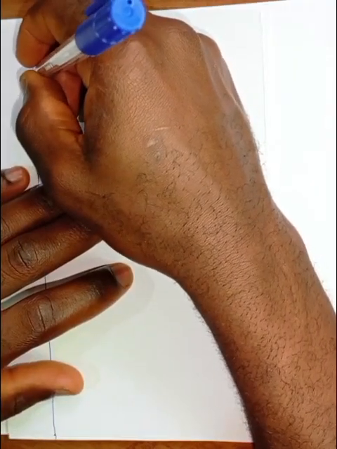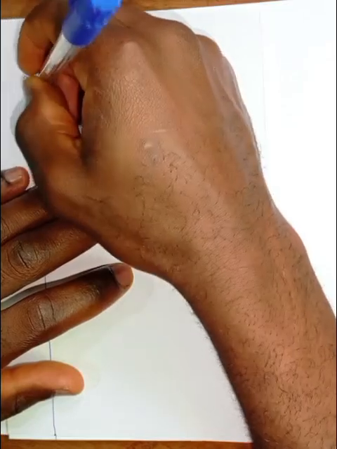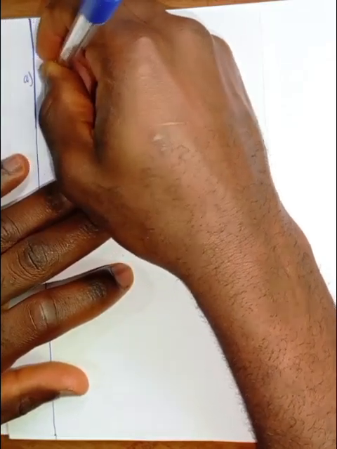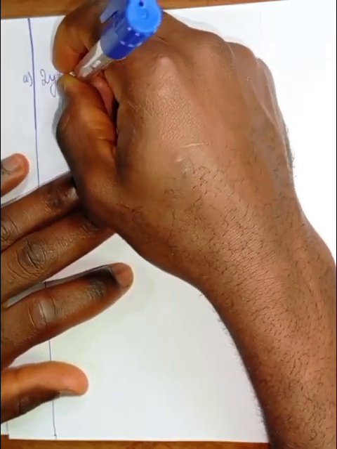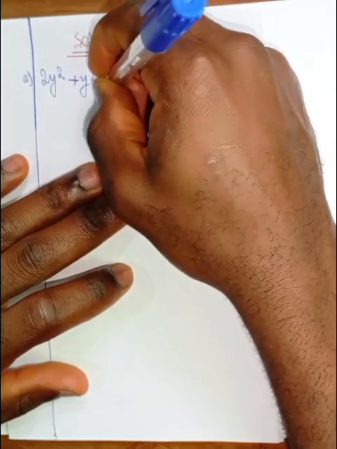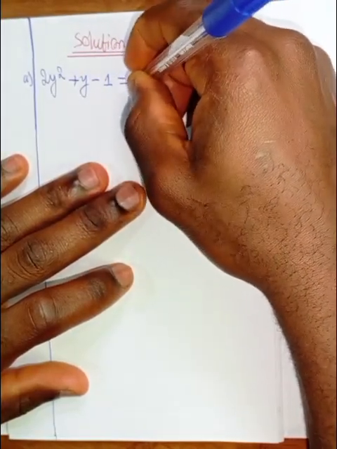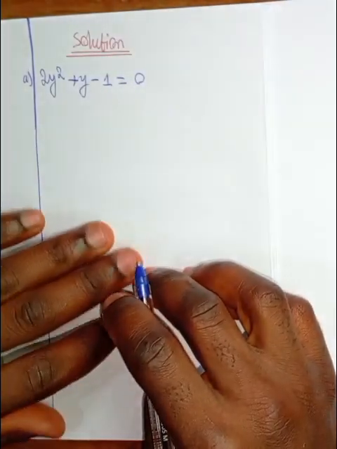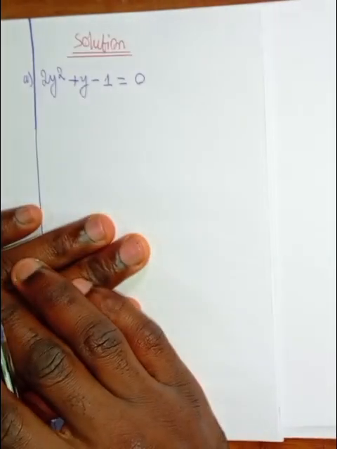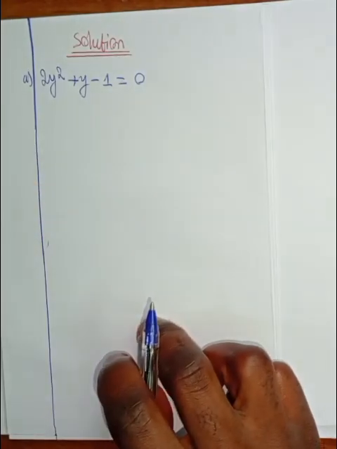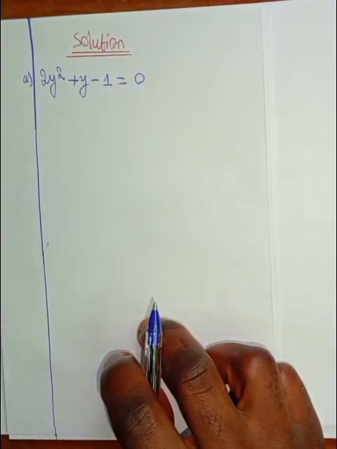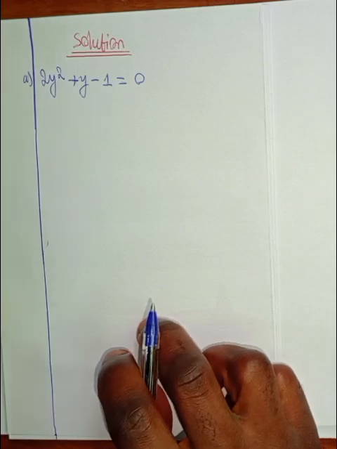For question A, we have to solve the quadratic equation 2y squared plus y minus 1 equal to 0. Solving this quadratic equation, we are going to make use of the method of factorization.